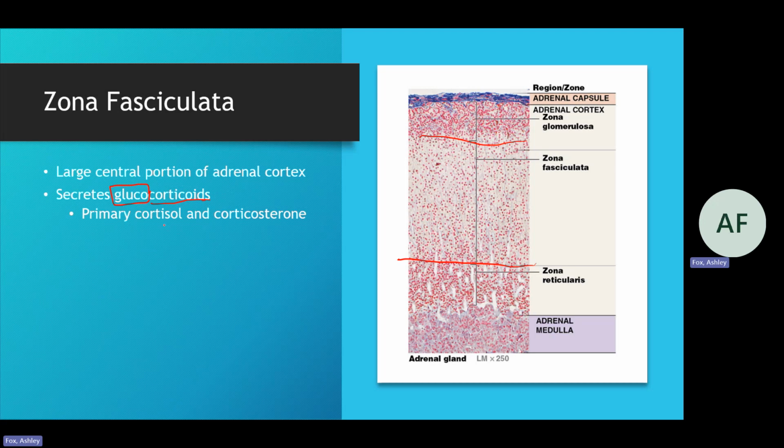So we've gone from minerals to glucose. The major glucocorticoids that we talk about are corticosteroids. So if you've ever given yourself a steroid cream, which is a corticosteroid, that's going to be like hydrocortisone. And cortisol is going to be a major one.